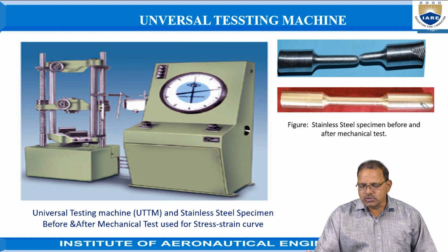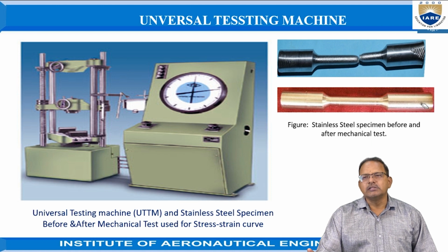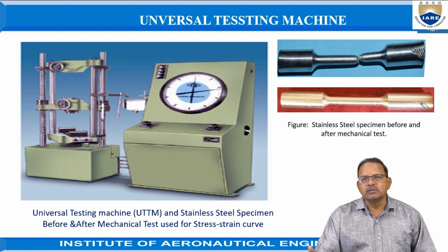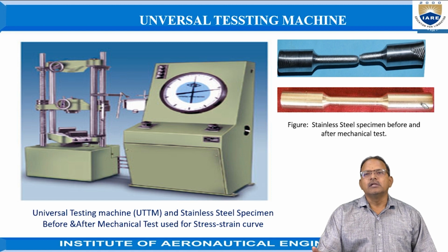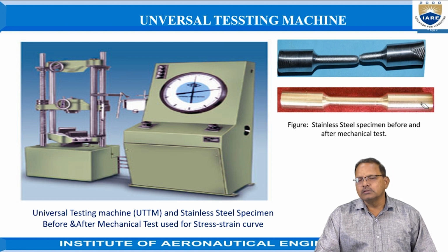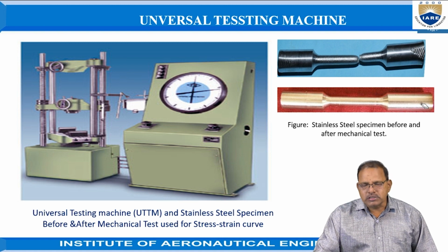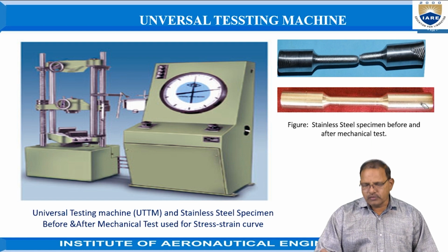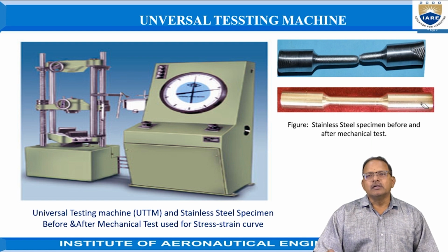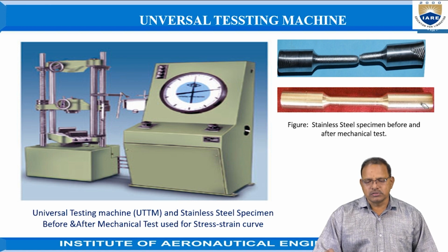By drawing the stress and strain relations at various loads, the curve obtained is known as the stress strain curve. This is most important for understanding the mechanical properties of materials, which are most useful in design when the object is subjected to certain loads.